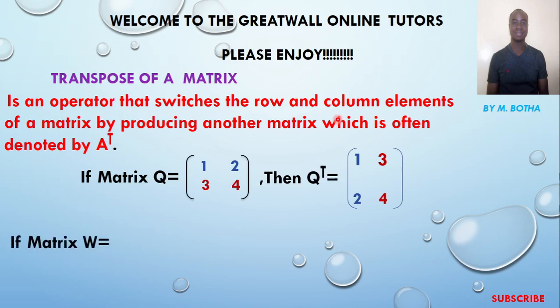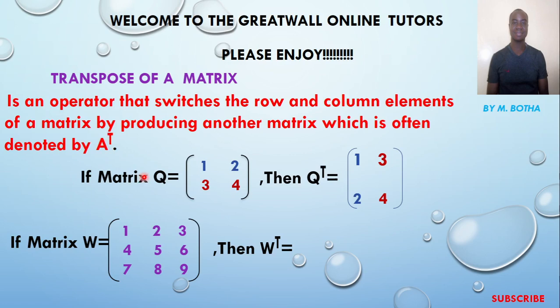Now let's look at the second example. If we have a matrix W, which is given by this matrix, we have 1, 2, 3, 4, 5, 6, 7, 8, 9 with 3 rows and 3 columns, making it a square matrix again. And then its transpose is denoted by W transpose. So you can see, like I said, the transpose of a matrix is not always denoted by A superscript T, a capital letter.